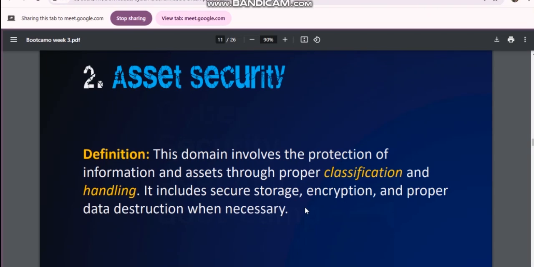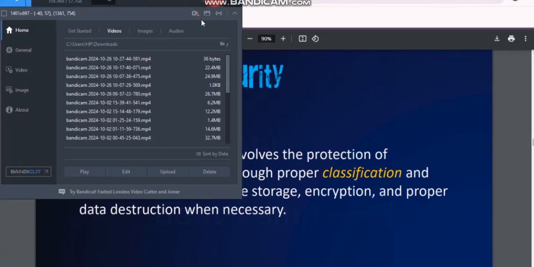Even for destruction of data, there are rules and policies used to determine how data is destroyed. So, how many of you have had any such idea or experience? Anybody? Okay.